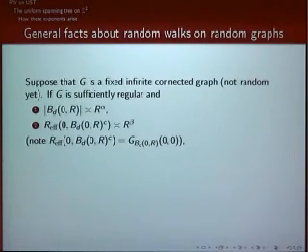The way I think about it is that in this specific instance, the effective resistance between the origin and the complement of the ball is the same thing as the Green's function for the random walk in the ball of radius r at the origin.